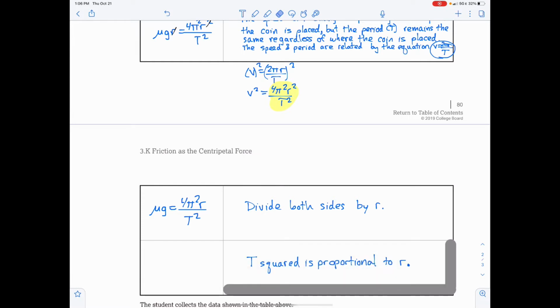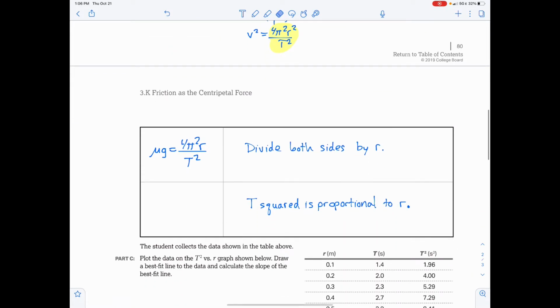Last step, solve for T squared. So in other words, let's go ahead and use the switcheroo. And we have a relationship that tells us T squared is equal to 4 pi squared r over mu g. And what this tells us is T squared is proportional to r.